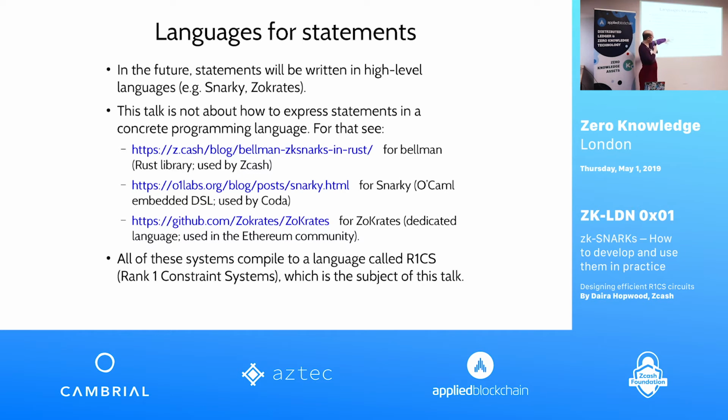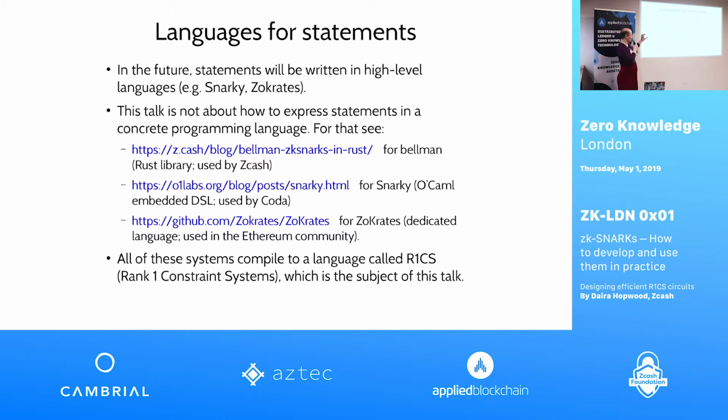And Coda is another cryptocurrency that uses this. It's based on OCaml. And we have Socrates, which is used in the Ethereum community mainly at the moment. So that's a specialized DSL. And they compile down to the language that we're going to talk about in this talk.